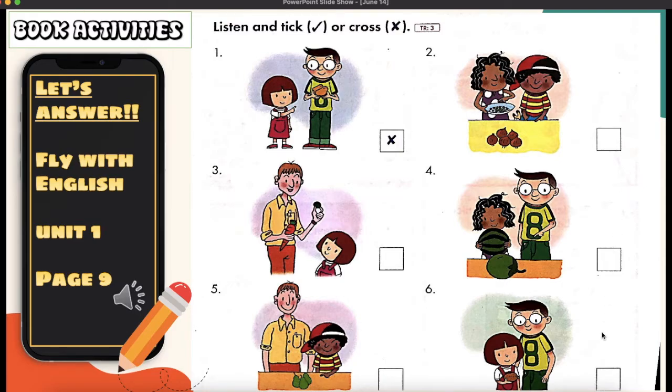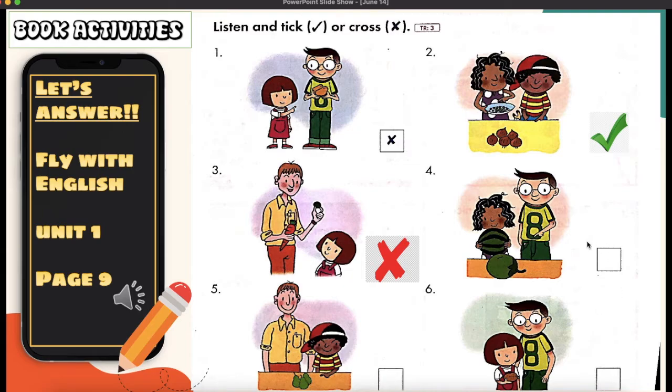Track 3. Listen and tick or cross. Number 1 is the example. Number 1. What are these? Are they potatoes? No, they aren't. They're tomatoes. Number 2. These are peas. What are those? They're onions. Number 3. What's this in English? It's a carrot. And what's this? It's a tomato, Mr. Lee.